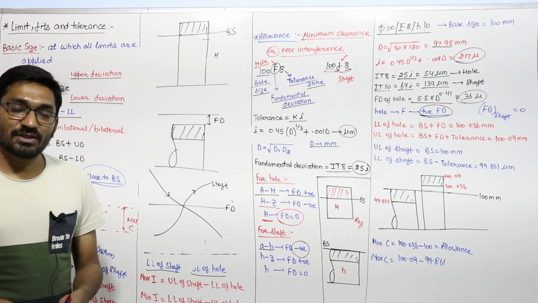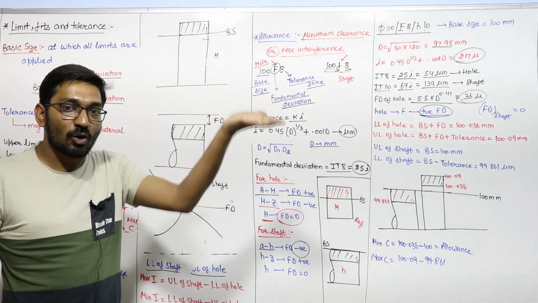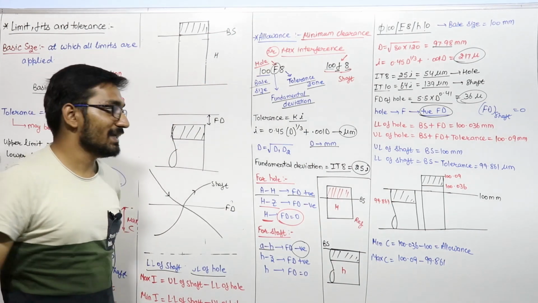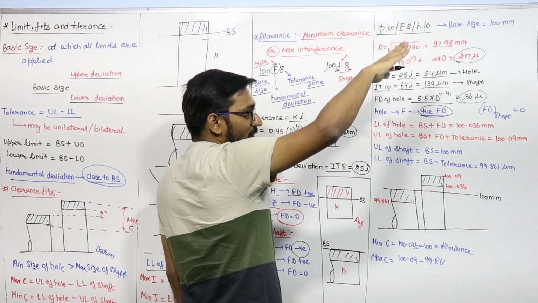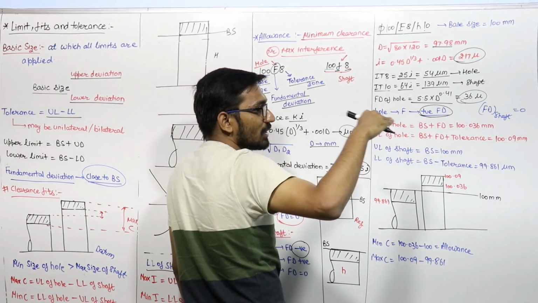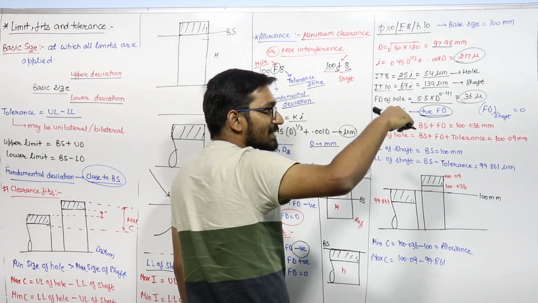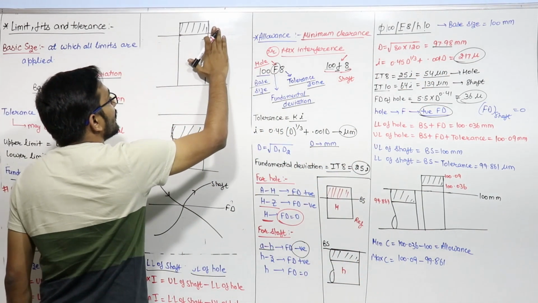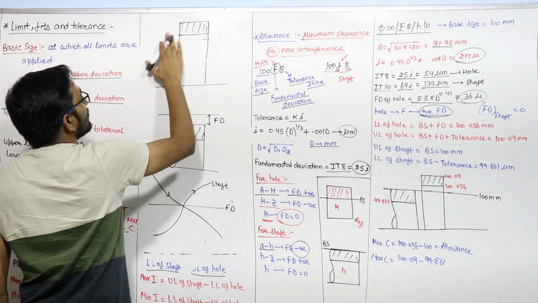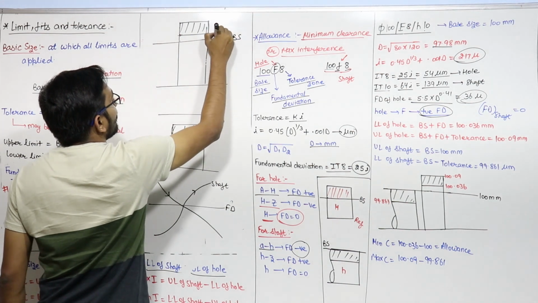If the fundamental deviation of the hole is positive, we can say the lower limit of the hole is greater than the basic size. So what is the lower limit of the hole? Because the fundamental deviation is positive, the lower limit will be closest to the basic size, and it will be equal to the basic size plus fundamental deviation. Let us say this is the basic size and this is the fundamental deviation.